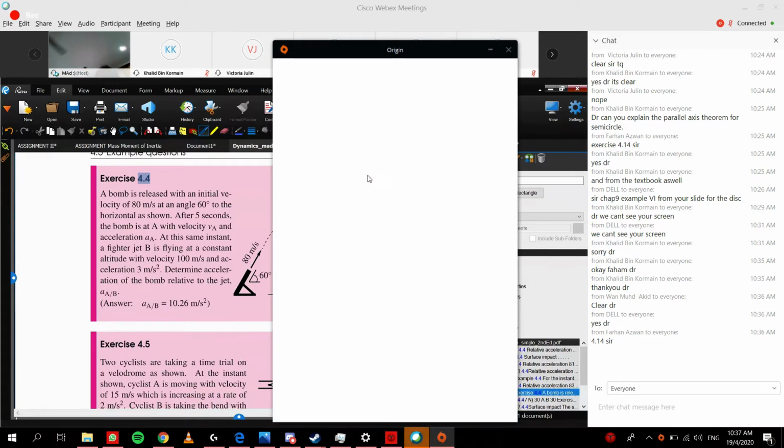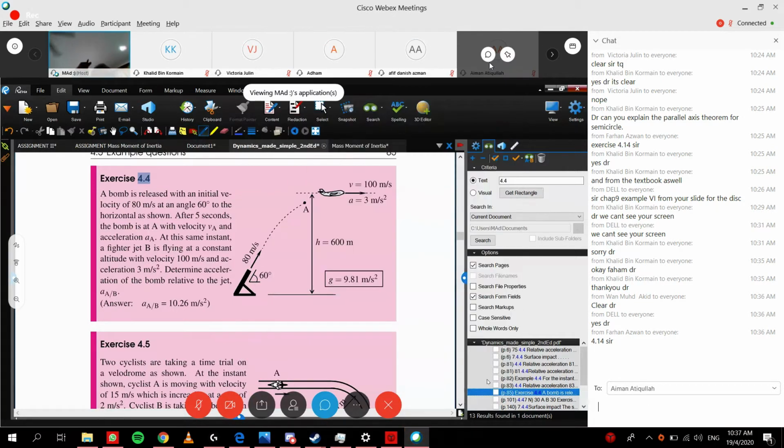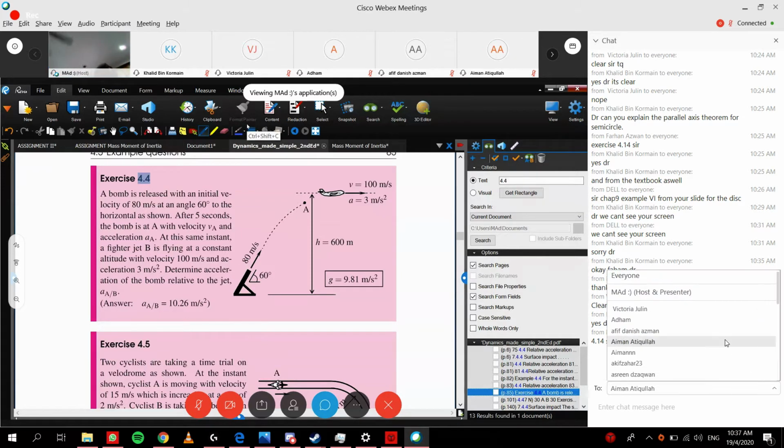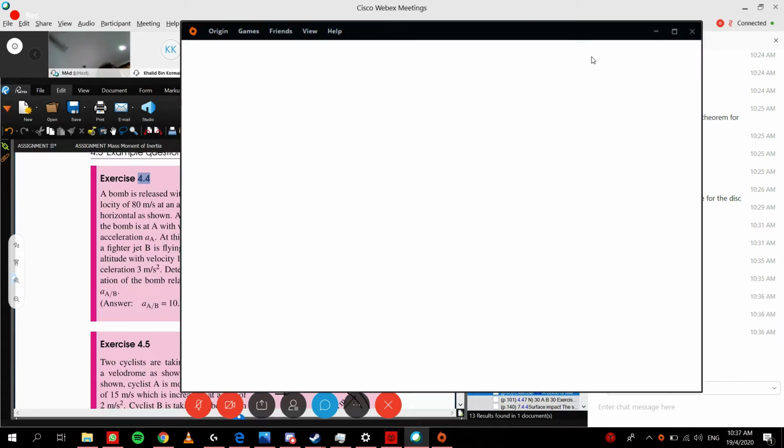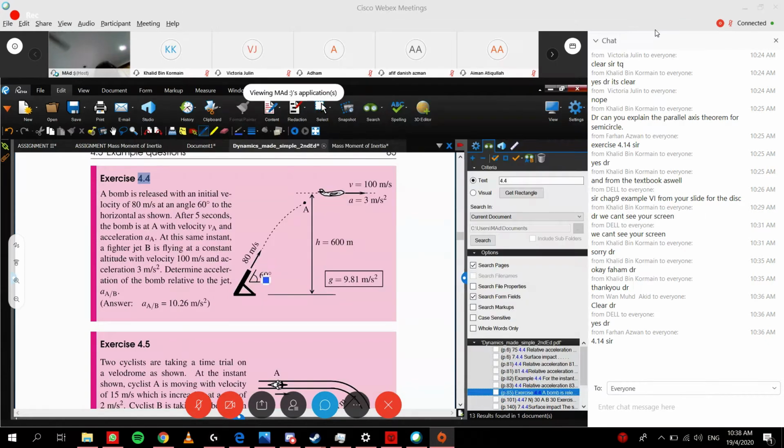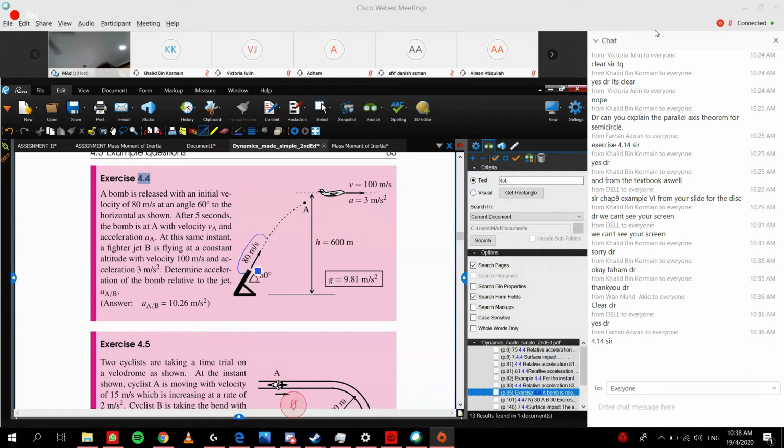Okay, this is not that difficult. Basically, you need to understand there are two bodies that are moving. The first one is the bomb, which is projectile motion. We are releasing the bomb with the initial velocity of 80 meters per second and the angle of 60.